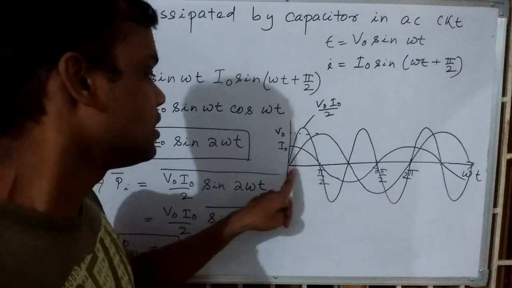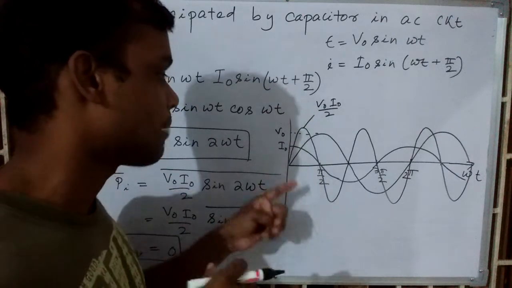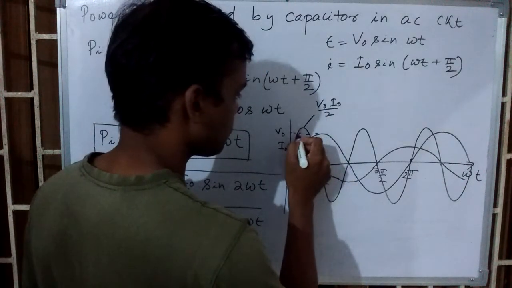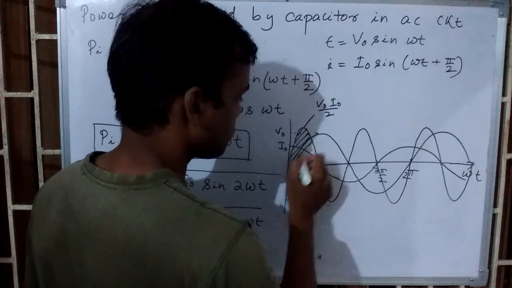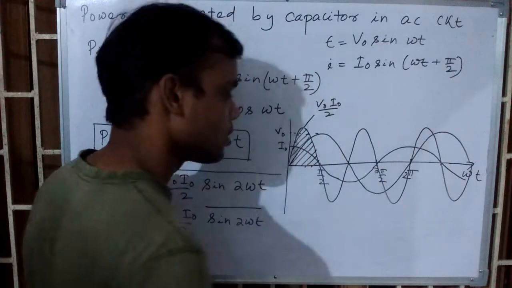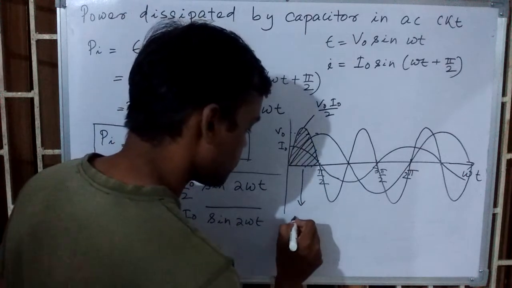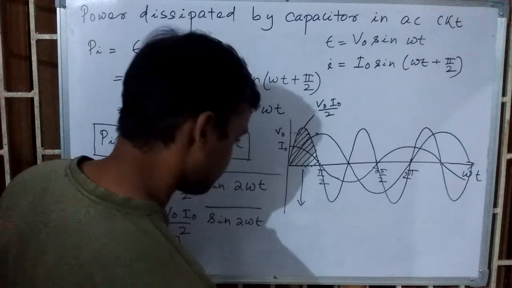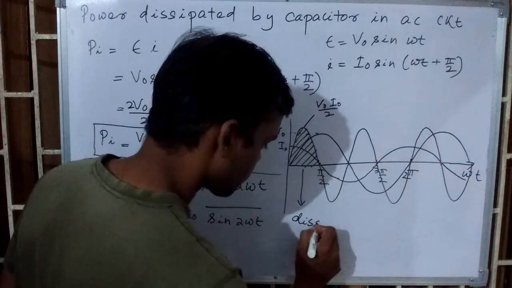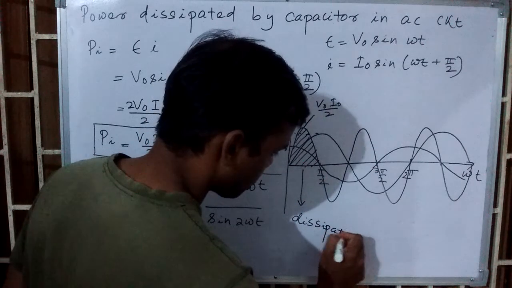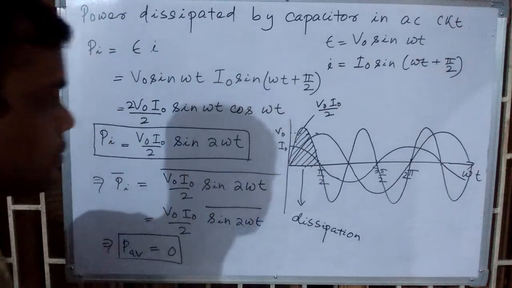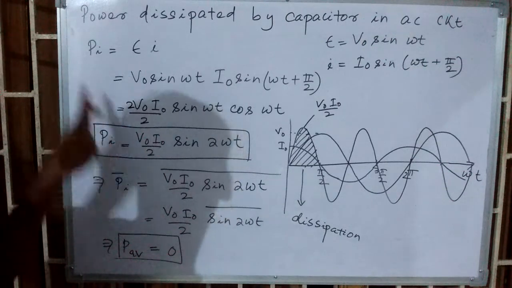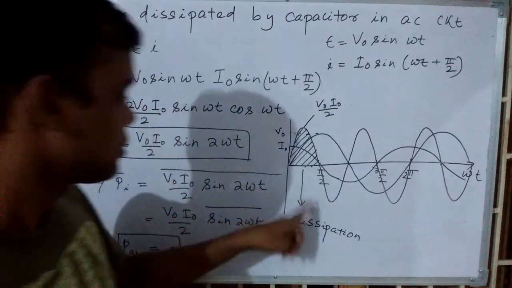That means within this quarter cycle, the capacitor consumes power. Because we are finding the expression for instantaneous power, positive power here means power dissipation. So here it is dissipation.